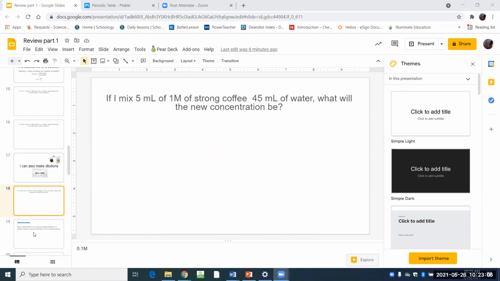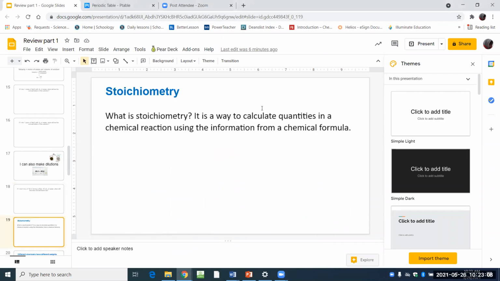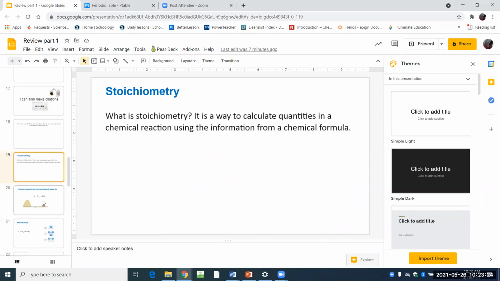All right, so we're going to switch gears a little bit and talk about how we quantify chemicals in a chemical reaction. We use stoichiometry, which is a way to calculate quantities in a chemical reaction using information from the chemical formula.